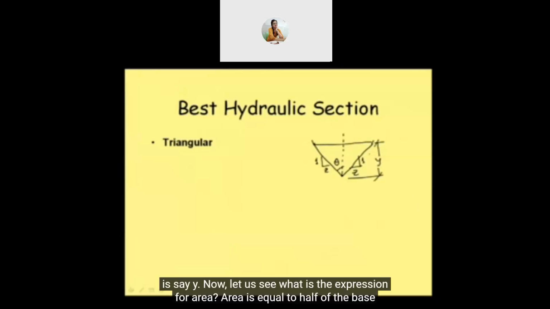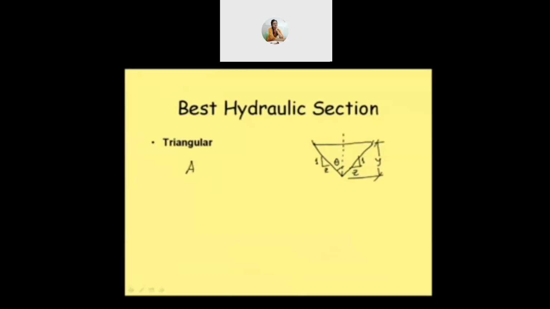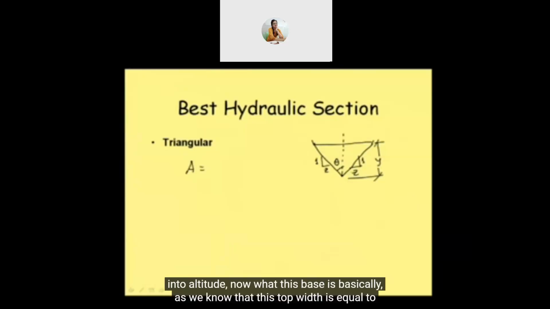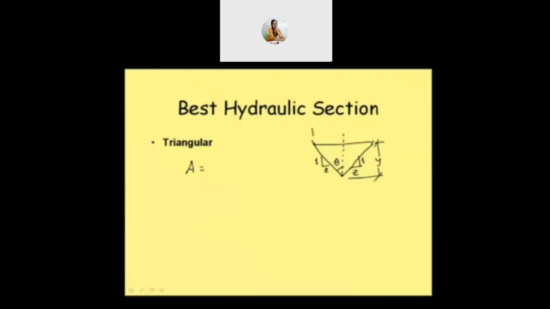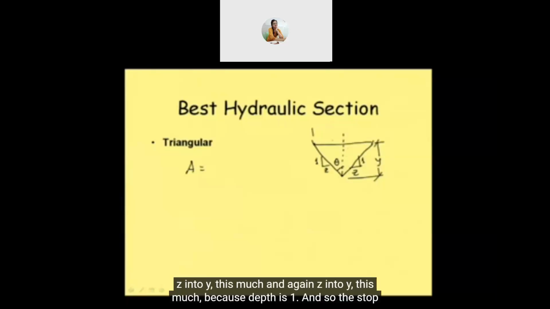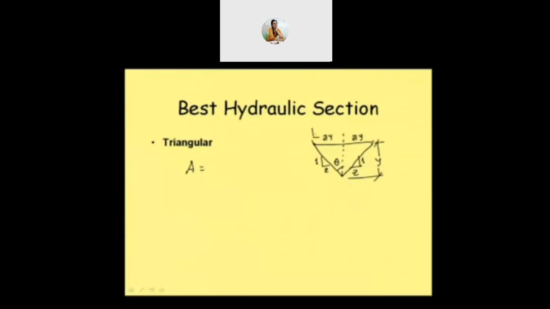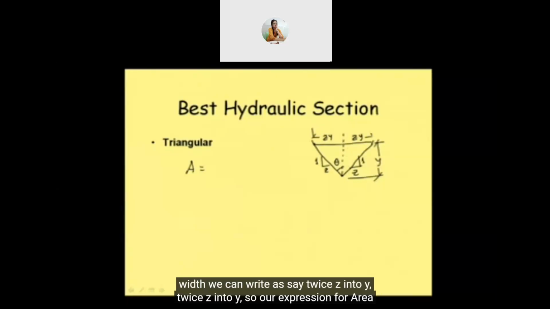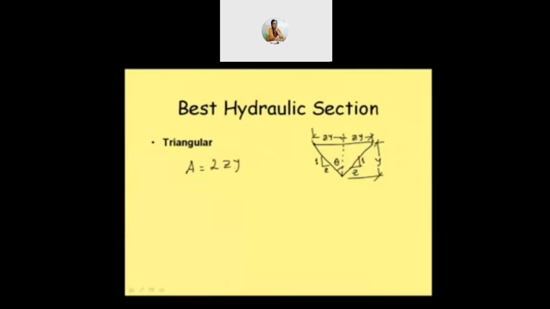Now let us see what is the expression for area. Area is equal to half of the base into altitude. Now what this base is, as we know, the top width is equal to z into y this much, and again z into y this much, because depth is 1. And so the top width we can write as twice z into y.